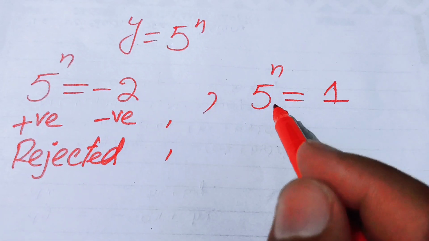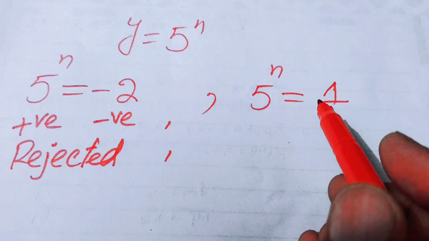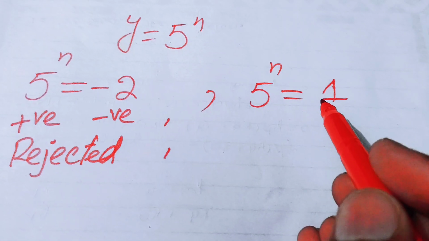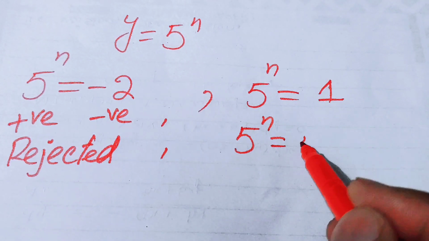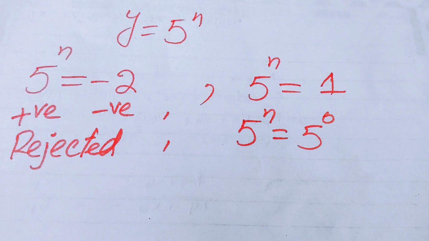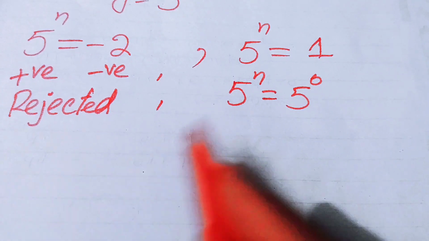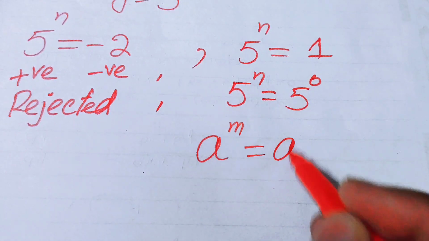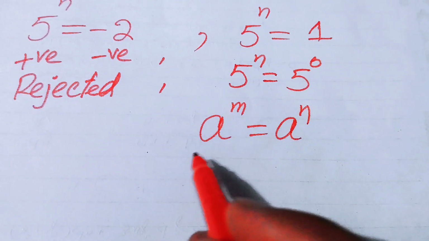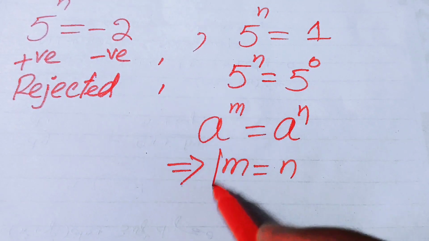In this case we have 5 to the power of n is equal to 1, and we will write the right hand side as 5 to the power of n is equal to 5 to the power of 0. Now we can use an important exponential law: if a to the power of m is equal to a to the power of n, this implies that m is equal to n.